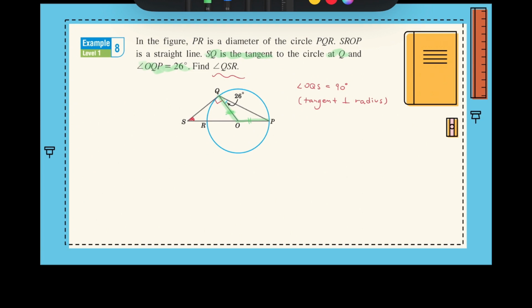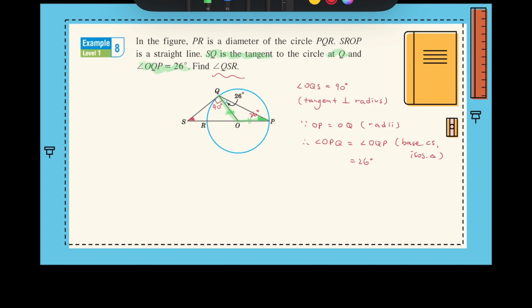If they are radii, then these lines are the same length, and this angle is also 26 as well. So let's write down: because OP equals OQ, radii, therefore angle OPQ equals angle OQP, base angles of isosceles triangle.